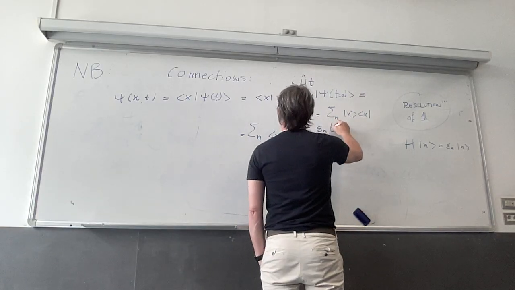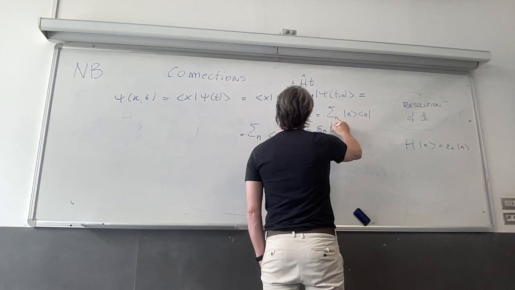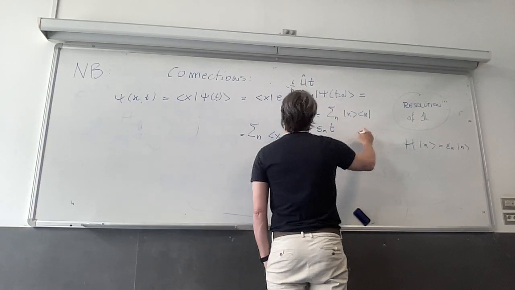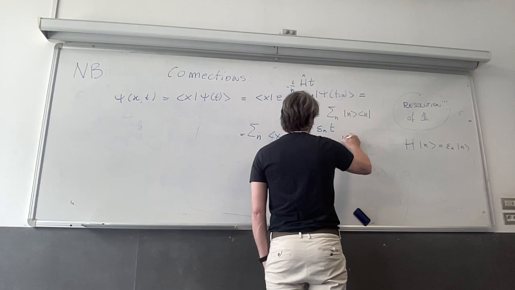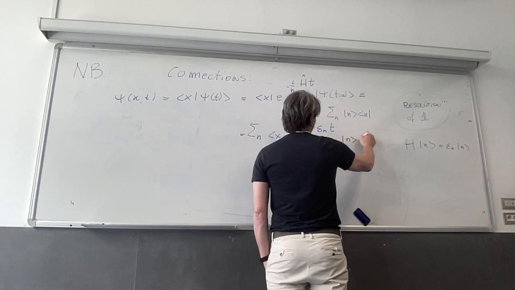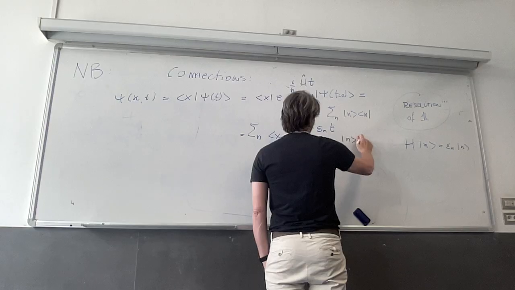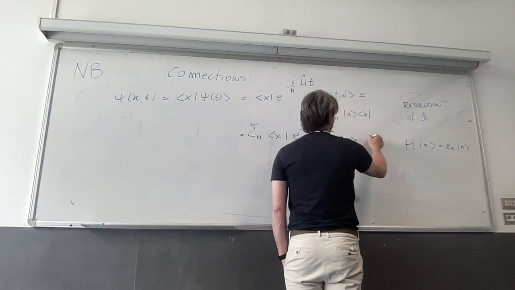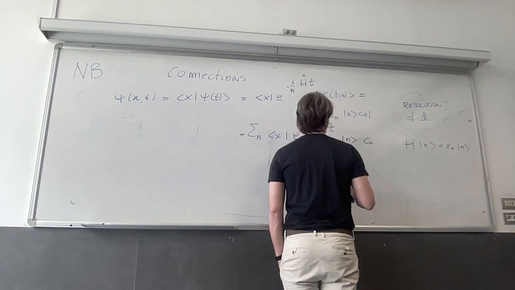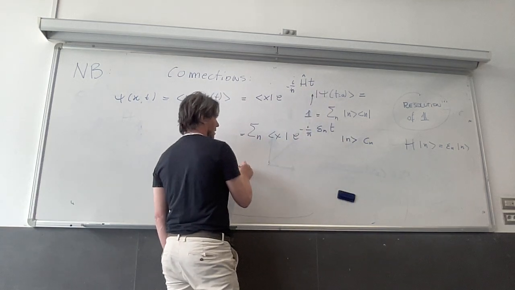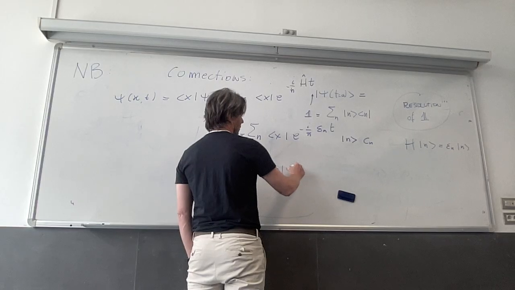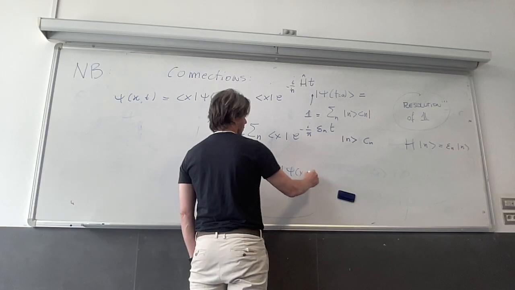t, and then I would have n, and then I would call this Cn, where Cn is the bra of n with the psi naught.